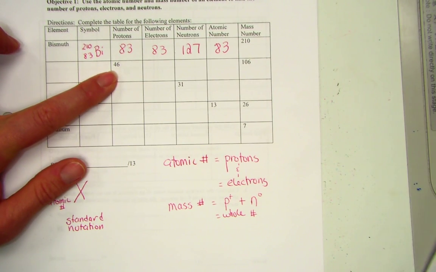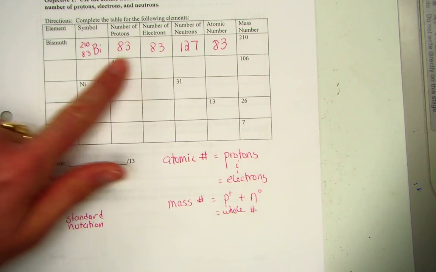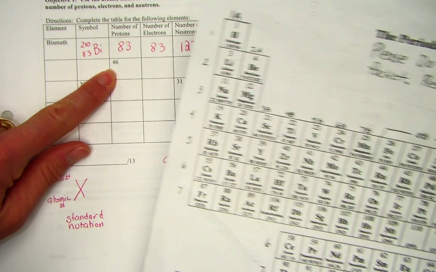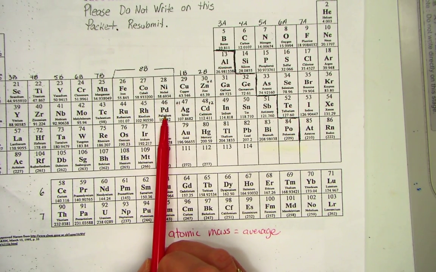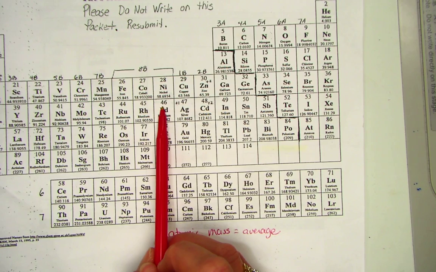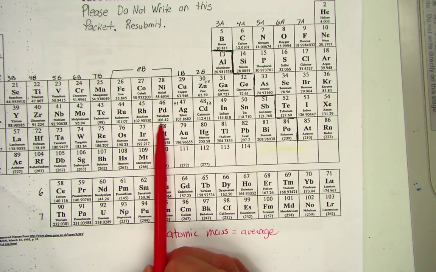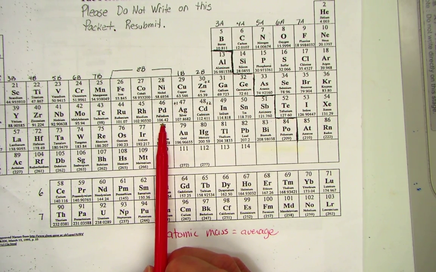The second element, all we're given here is the number of protons and a mass number. Number of protons is 46. So I go to the chart and I find number 46. The proton number, or the atomic number, identifies this element to be palladium.